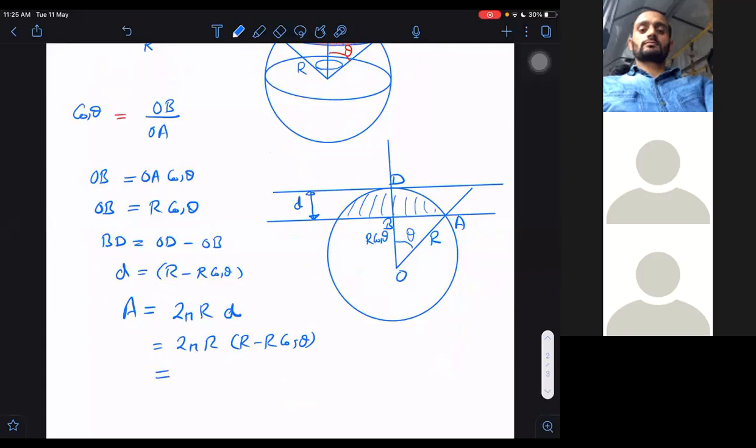What is the solid angle? Two pi into 1 minus cos theta.